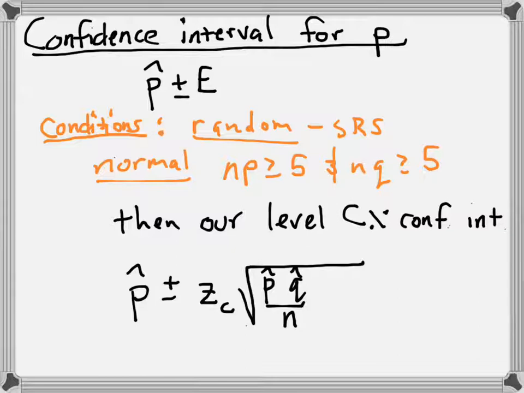It's the same conditions, NP and NQ have to be greater than 5, although I'm going to put a little asterisk on here. Since we actually don't know what actual P and actual Q are, we're going to have to put little hats over that. That is, N times P hat has to be greater than 5, and N times Q hat has to be greater than 5.